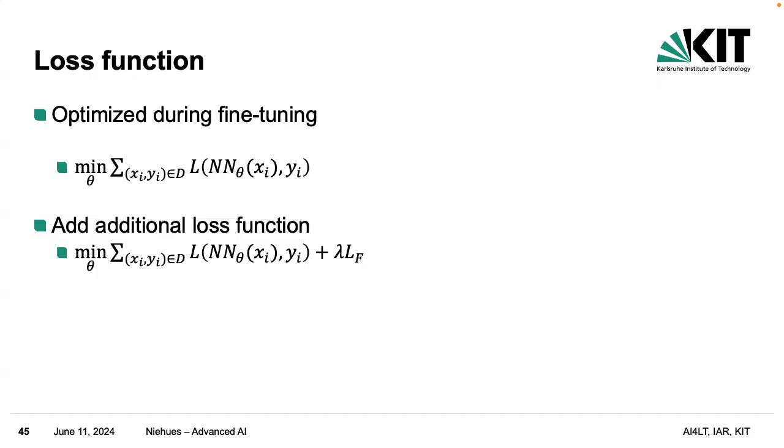So this is the default one. That is our main goal: we want to be very good in predicting our training data. However, it sometimes might be good to have additional constraints which we can put in as an additional loss. In this case, the idea is that maybe it's good that we are still a bit good on the old data. How can we achieve that?